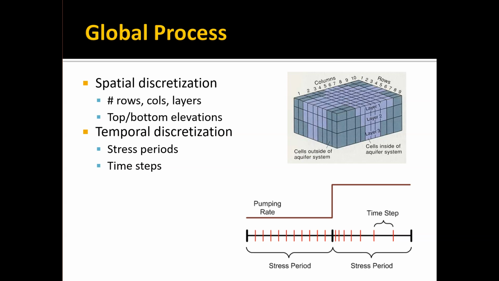If you're going to do a simulation of how the aquifer responds over a 10-year period, then you would first subdivide that 10-year period into a number of stress periods, which are periods over which your inputs can change, and then within each stress period you may have multiple time steps or computational intervals. And we are going to revisit this later in the semester when we're going to spend a lecture specifically talking about doing transient simulations, and we'll cover this in more detail.